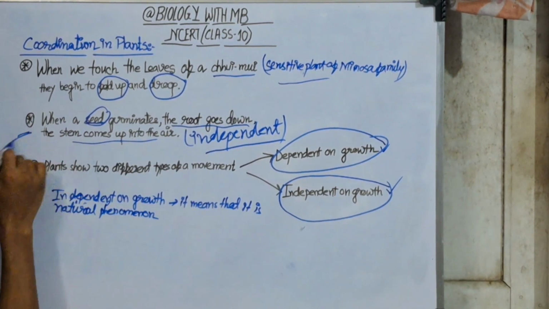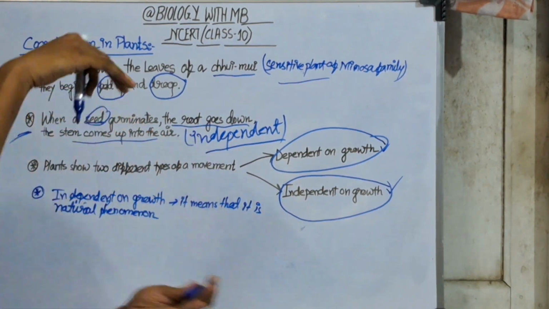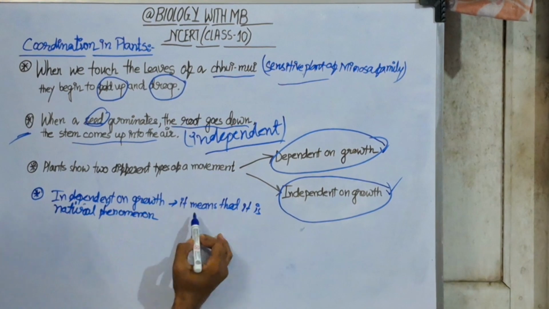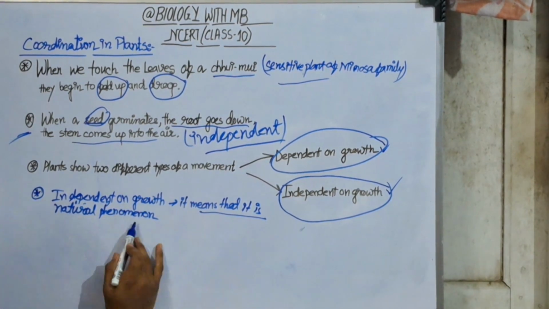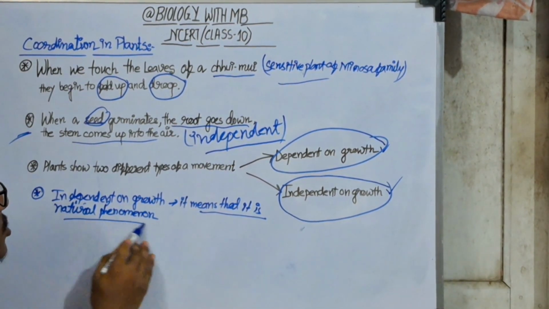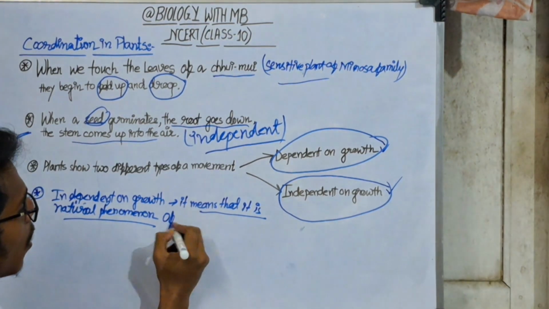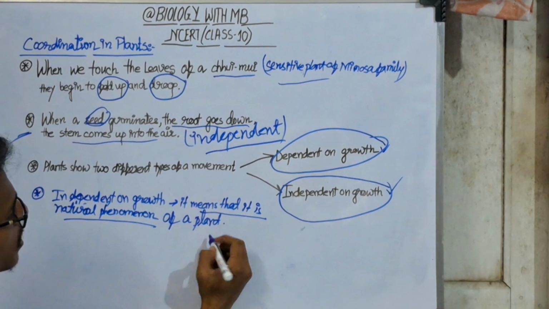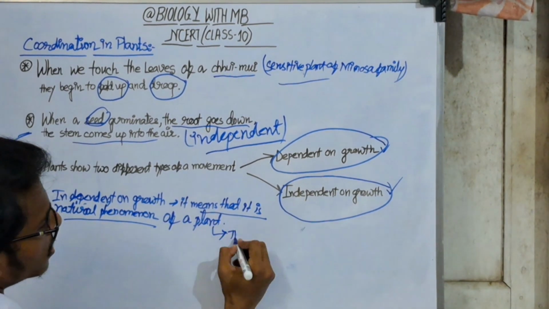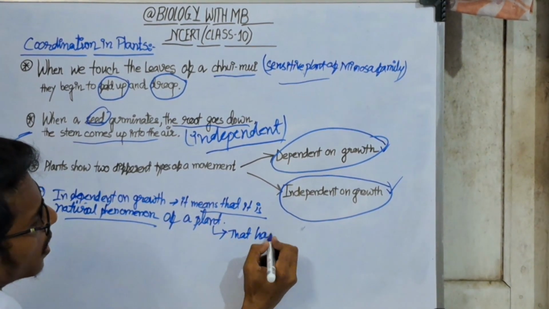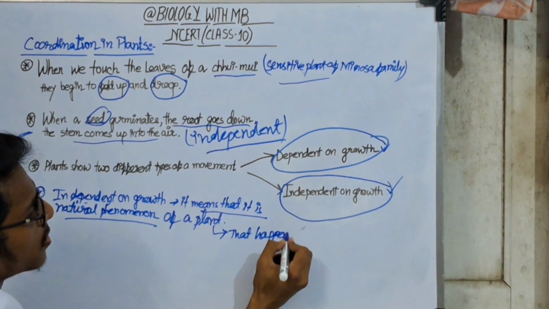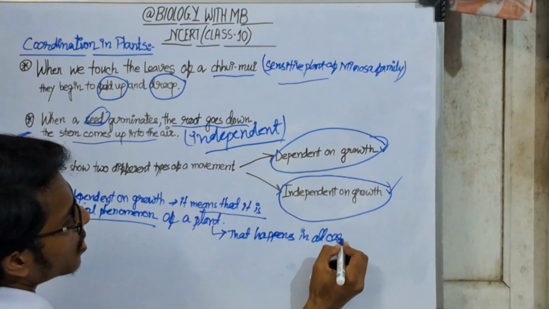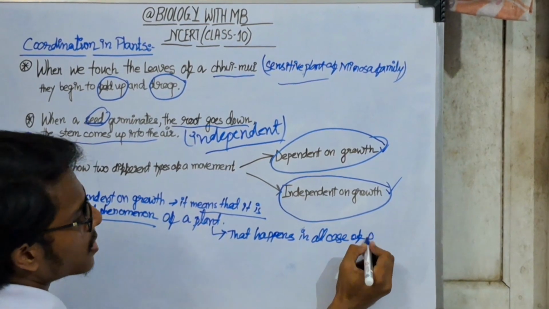Like in this case, when a seed germinates, the root goes down and the stem comes up into the air. It means that it is independent, a natural phenomenon of a plant that happens in all plants.